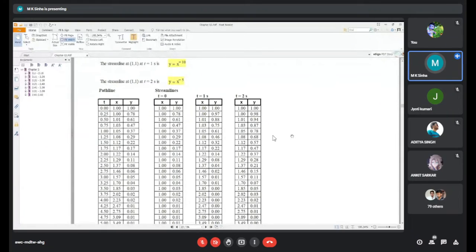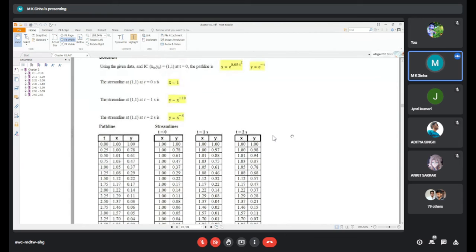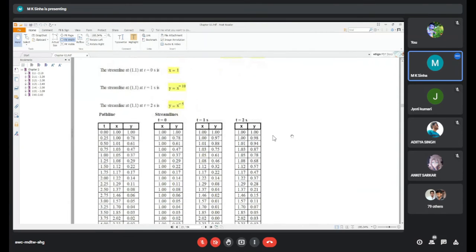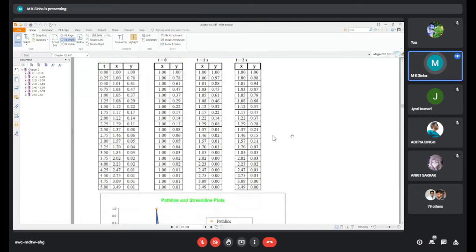So you may plot it: a streamline for t equal to 0, a streamline for t equal to 1, and t equal to 2.